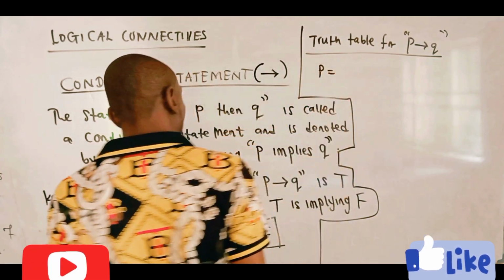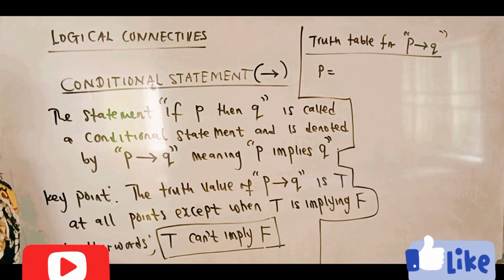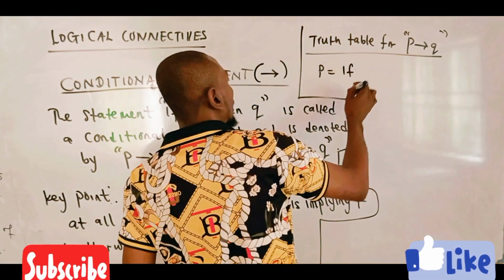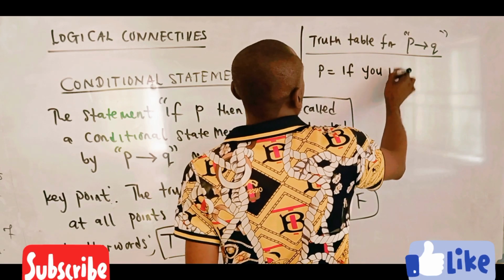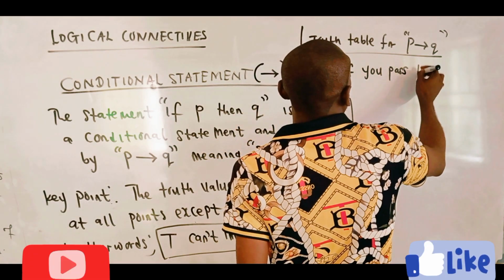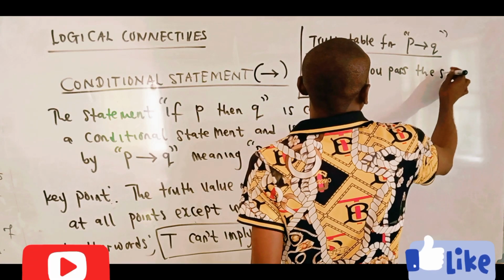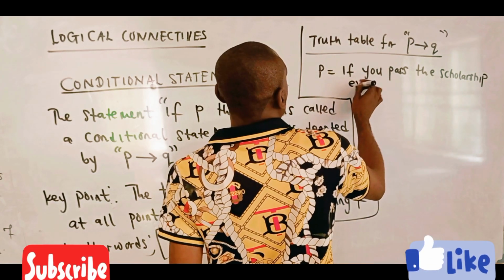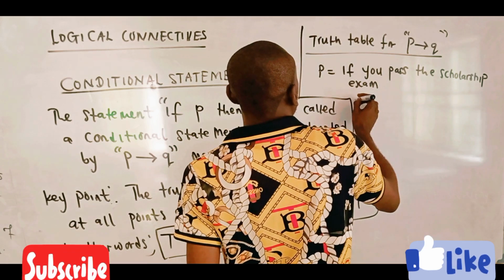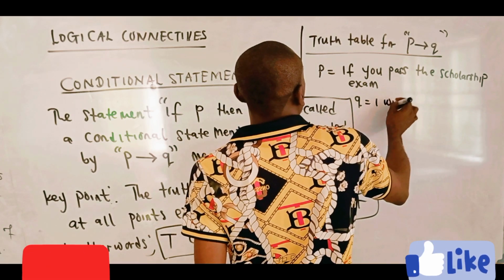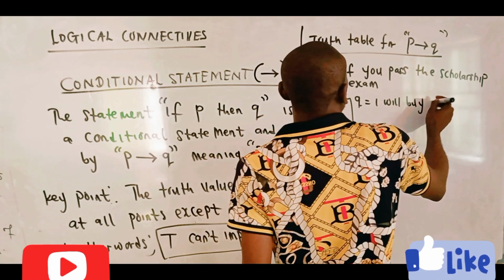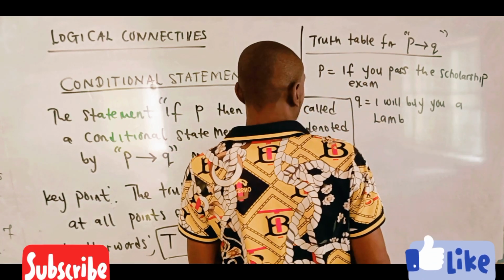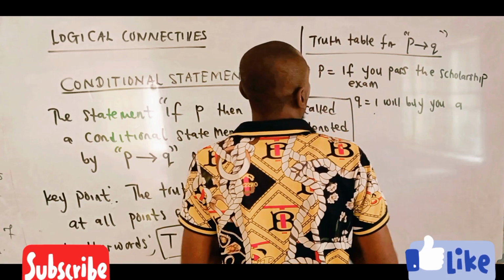Before then, let's take a statement. Let P represent: if you pass the scholarship exam, and Q: I will buy you a car.